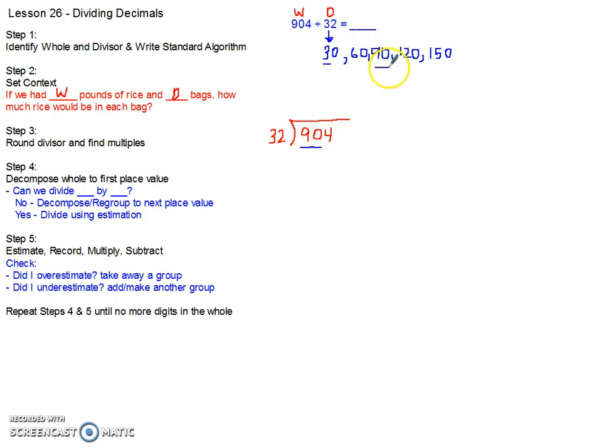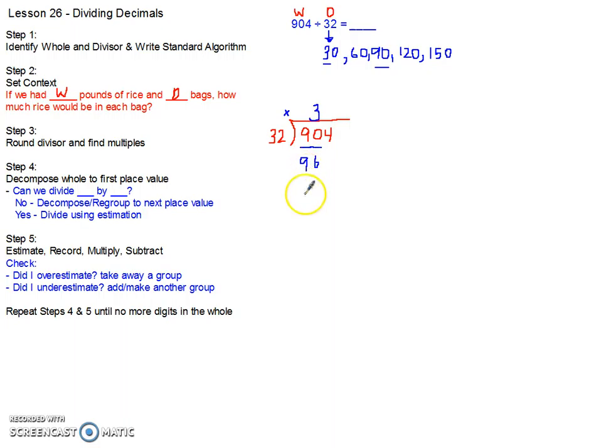how many times, or I'm going to estimate about how many times can 32 go into 90. I see here that 90 is one of my multiples, and that was 1, 2, 3. So the first number I'm going to try is 3, and here's where our estimation comes into play. We record it, then we multiply 3 times 32, and that is 3 times 2 is 6, 3 times 3 is 9.